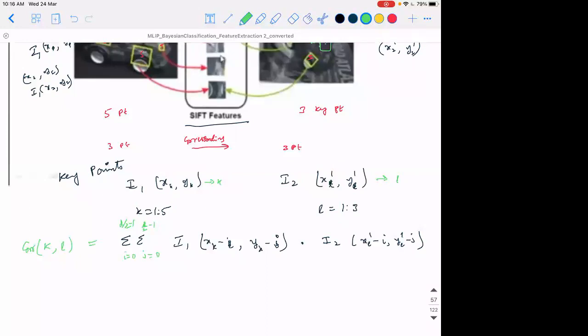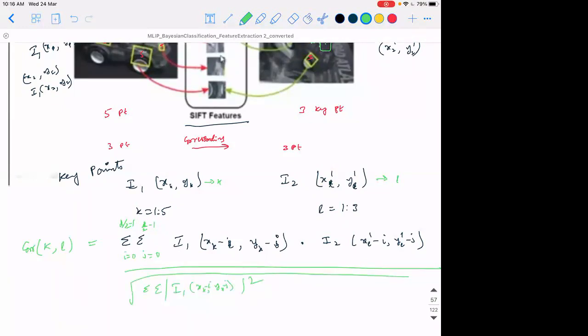I can also consider normalized correlation if I want to knock off the intensity changes. So I can just divide by the norm of I1 around xk, yk. If I want to find the norm, again I have to do a double summation of I1 of xk minus i, yk minus j, take the whole square, and then the square root.